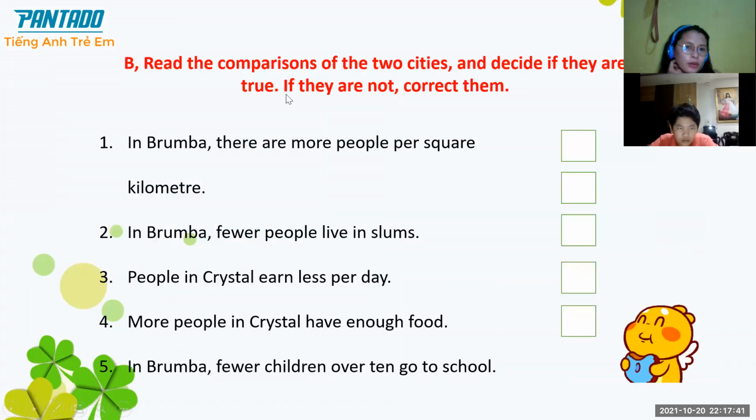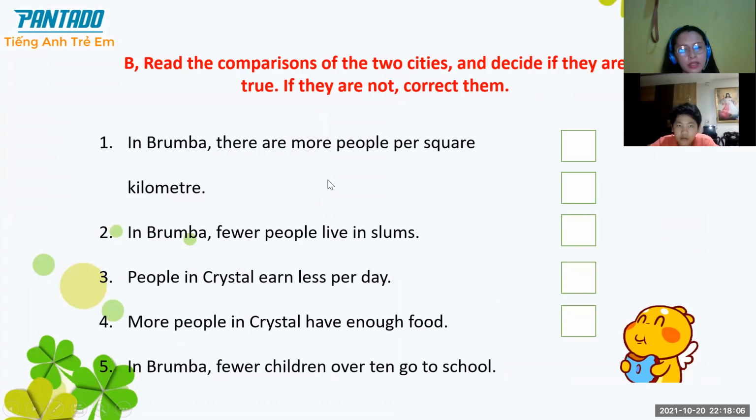So here we go. Based on their comparison, can you read the comparisons of the two cities and then decide if they are true? If it is true, then that's good. If it is not correct, then I want you to tell me what makes it wrong, then try to correct it.